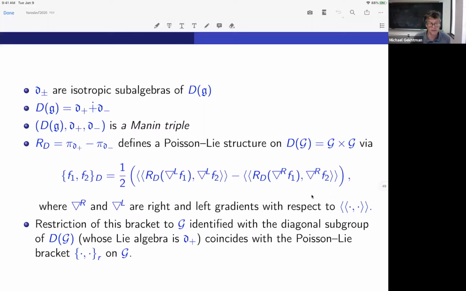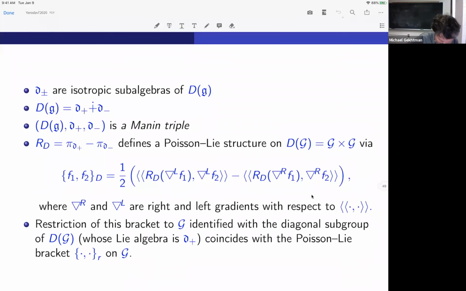You can consider its differential at a given point, and then consider the right and left trivialization of this differential. Or in GLN, it simply becomes the usual matrix gradient multiplied from the right or from the left.